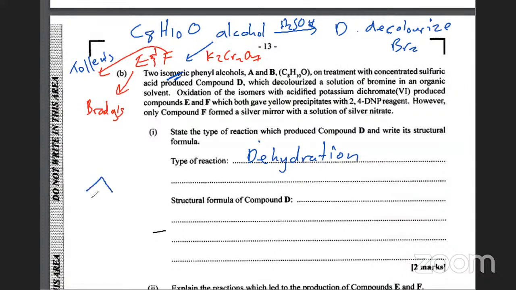But we know that the benzene ring has 6 carbons, which means that two carbons must be attached to the benzene ring. You can start with a secondary alcohol or a primary alcohol, it doesn't matter. So this would be one of the isomers.